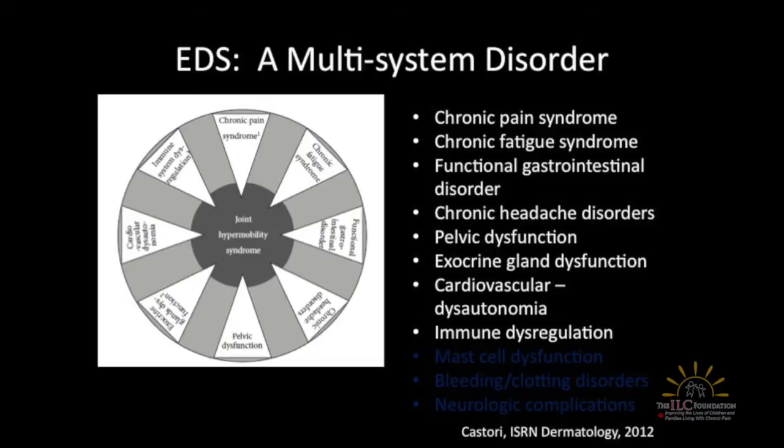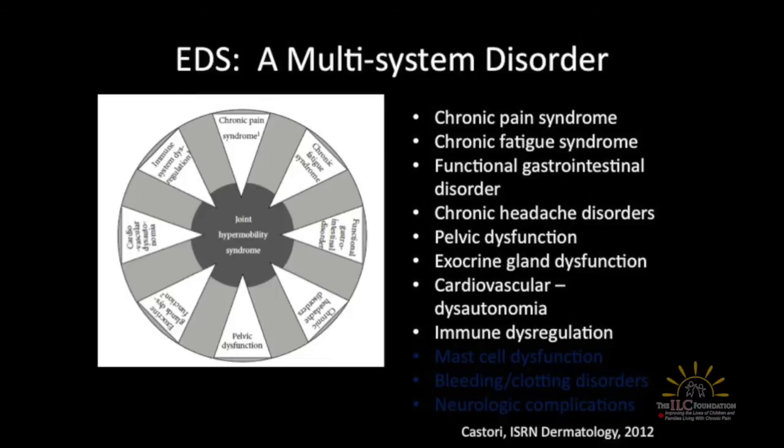And I believe that any genetic disorder characterized by joint hypermobility puts people at risk for these other complications. In particular, in Ehlers-Danlos syndrome, we see chronic pain, chronic fatigue syndrome, functional gastrointestinal disorders, chronic headache disorders, pelvic dysfunction, endocrine gland dysfunction, cardiovascular issues, including dysautonomia, and immune dysregulation.